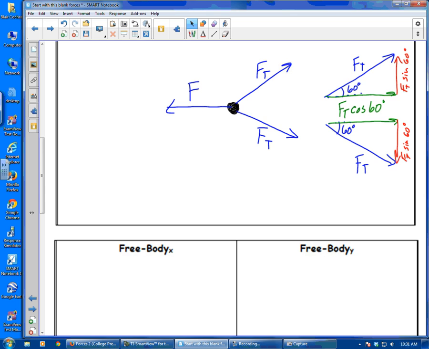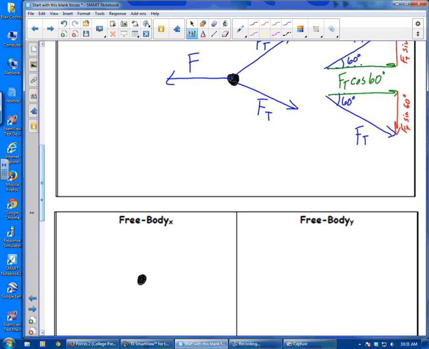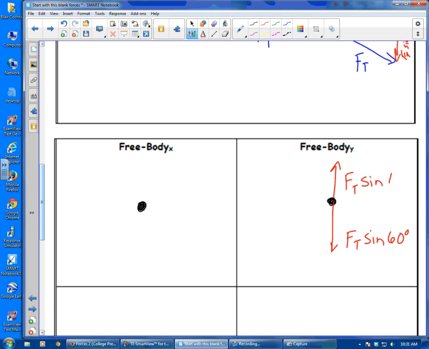So what I'm going to have is in the x direction in this one, 3 forces. And in the y direction, I'm going to have just 2 forces in this case. In my y direction, I've got a force up and a force down, Ft sine of 60 degrees and Ft sine of 60 degrees.